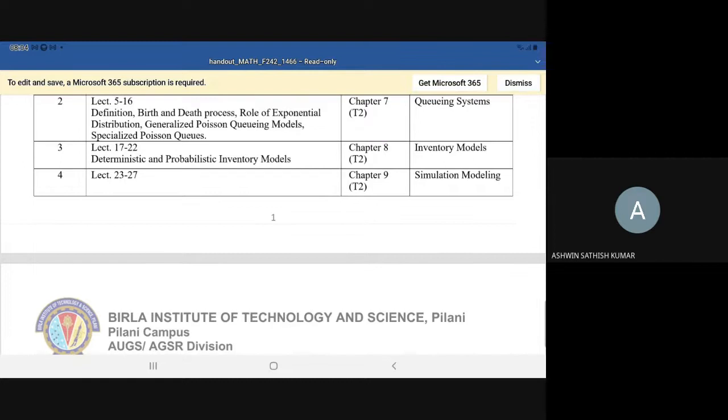In module 3, we will cover the inventory model. Inventory model means we have to maintain inventory of goods and items to satisfy the demand. Because demand is unpredictable in nature, we cannot judge how much inventory we have to maintain. That type of thing you can cover in inventory.